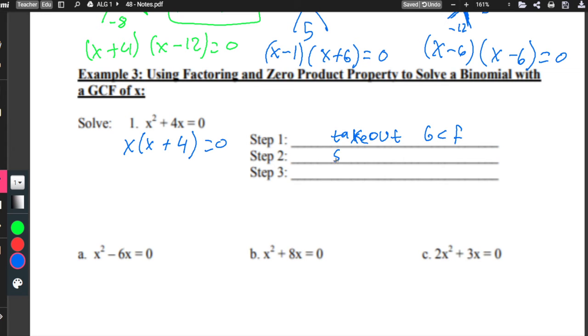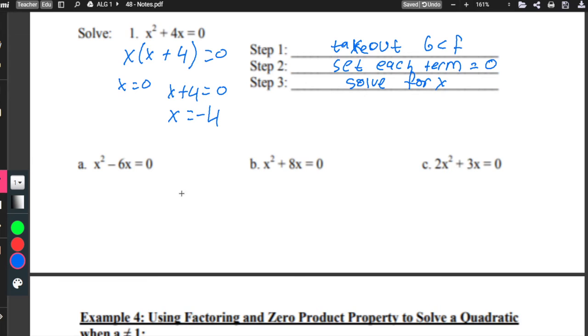Set each term equal to 0, and then solve for x. So we'll have x equals 0. That one's already solved. x plus 4 equals 0, so x equals negative 4.